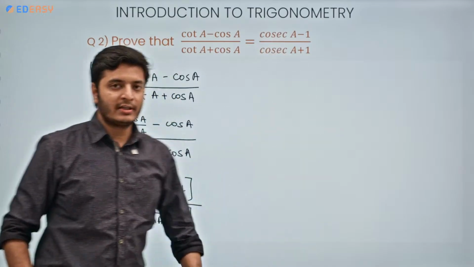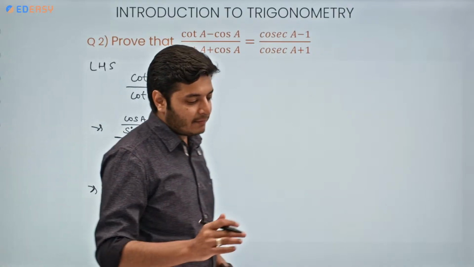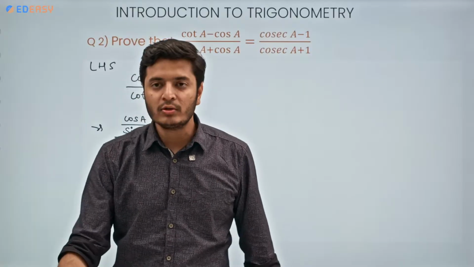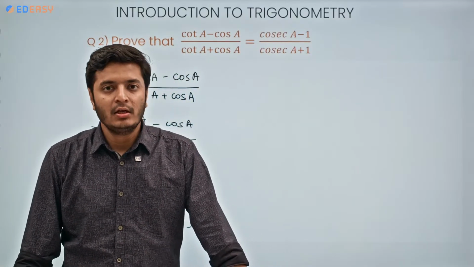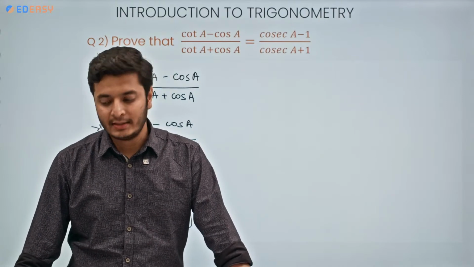We need cosecant A minus 1 and cosecant A plus 1. Do we have any relationship between sine and cosecant? Yes, we do have a relation. That is, cosecant A is always equal to 1 by sine A, correct?